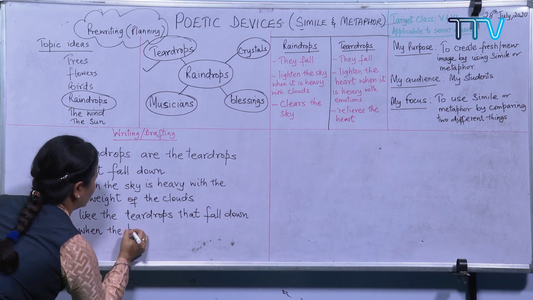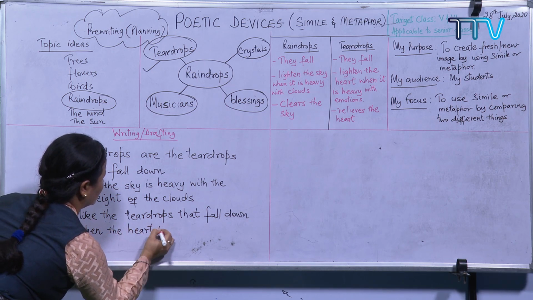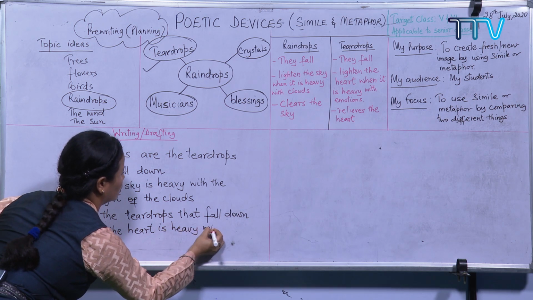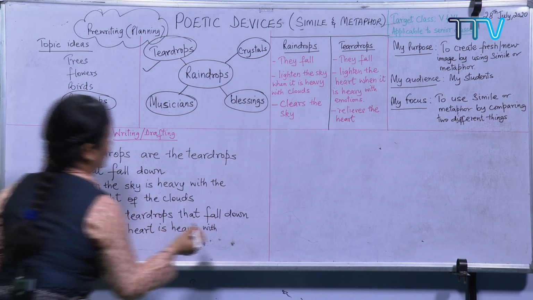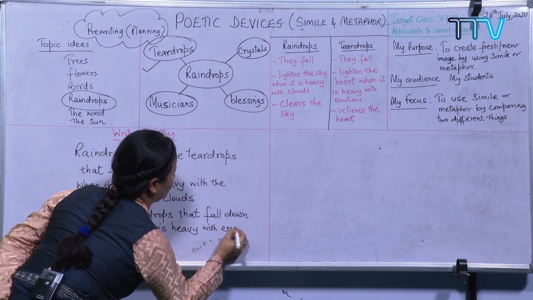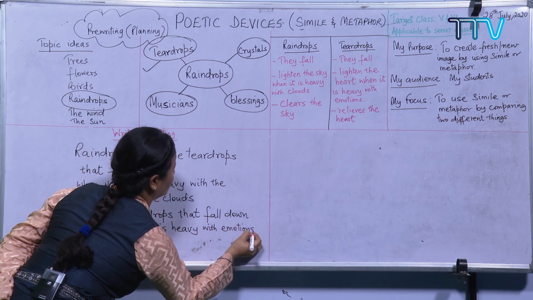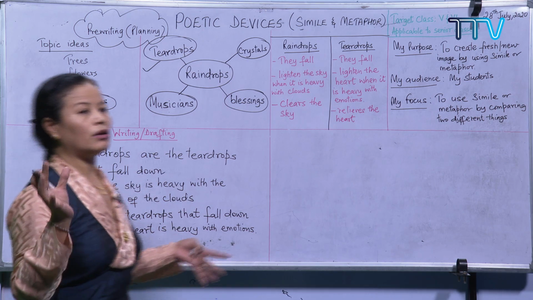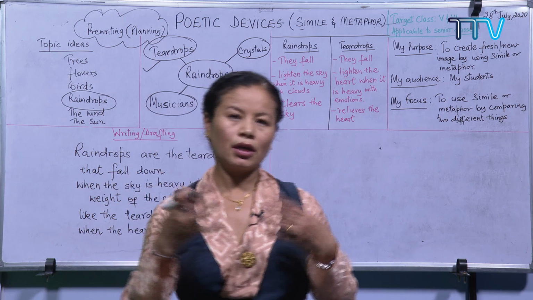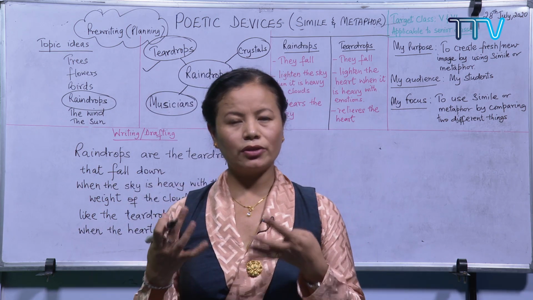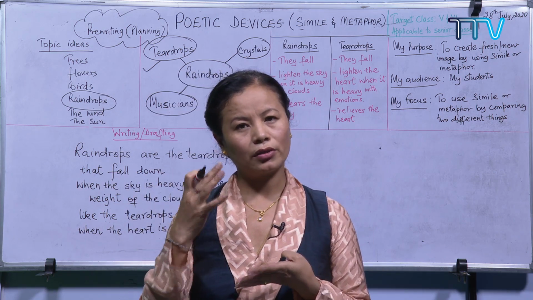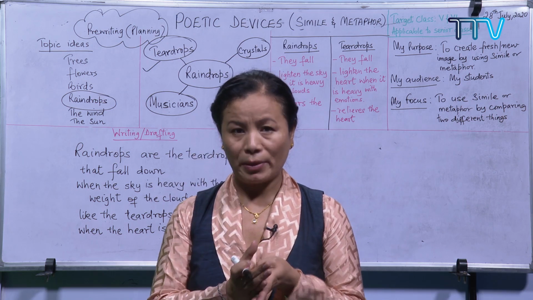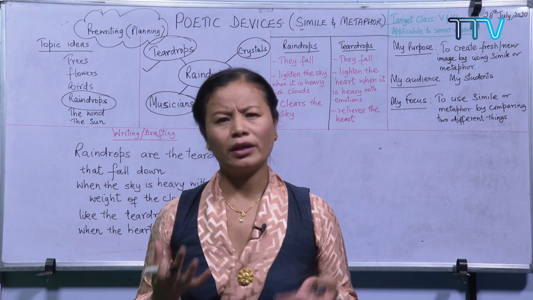when the heart is heavy with emotions. Since our focus here is comparison, comparing two different things by using simile or metaphor, we do not need to worry about rhyme.